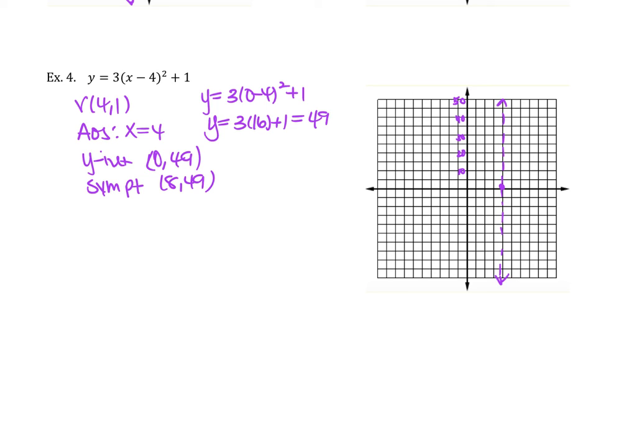I'll have (0, 49) way up here, and then (8, 49) way over here. And one more thing to point out in this case, again, where the vertex is above the x-axis and the parabola is opening up, so it's never going to cross the x-axis. So for our x-intercepts, again, we have none. So then I'll just go ahead and connect my points.